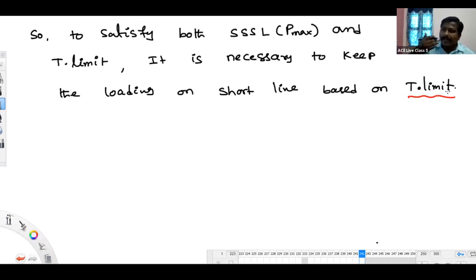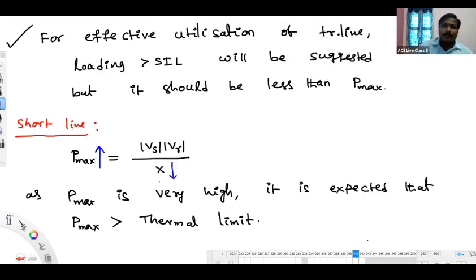But if you go for higher and higher lengths, please listen to me. If you increase the length of the line, X value is more, and P max is less. Then P max value may come less than the thermal limit. At that time, based on what do we have to keep the loading? Is it based on P maximum or thermal limit?